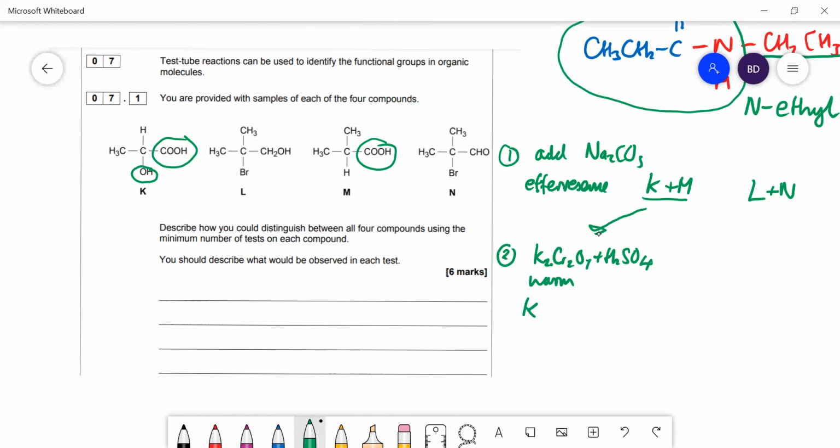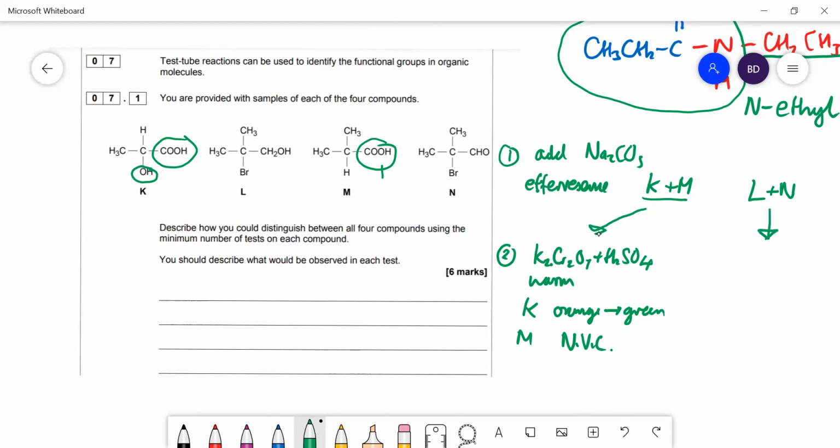So that will go from orange, the potassium dichromate color, to green. If you like, the alcohol is reducing the potassium dichromate to green. Whereas M, you can't oxidize anything in that molecule with potassium dichromate. So M, no visible change, NVC.